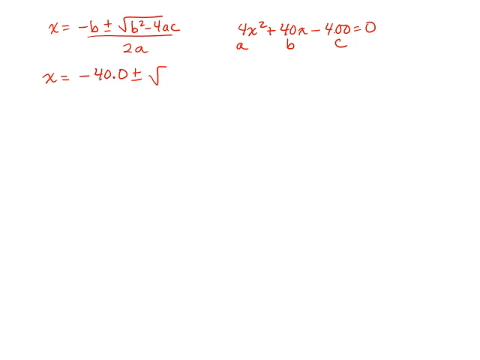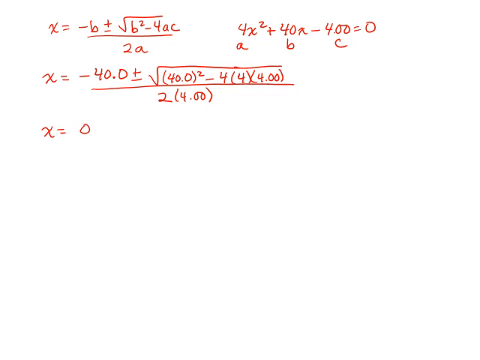Plus or minus the square root of b squared, so that's our 40 squared, minus 4. A has a value of 4 as well, and c has a value of 4. We're going to divide that by 2a, and our a value was 4.